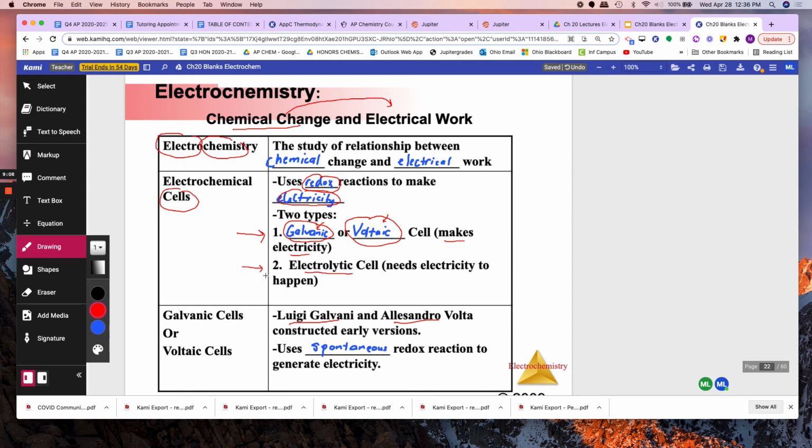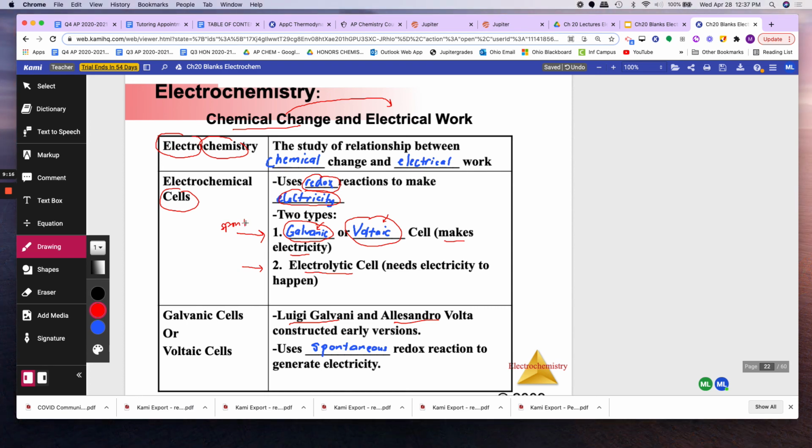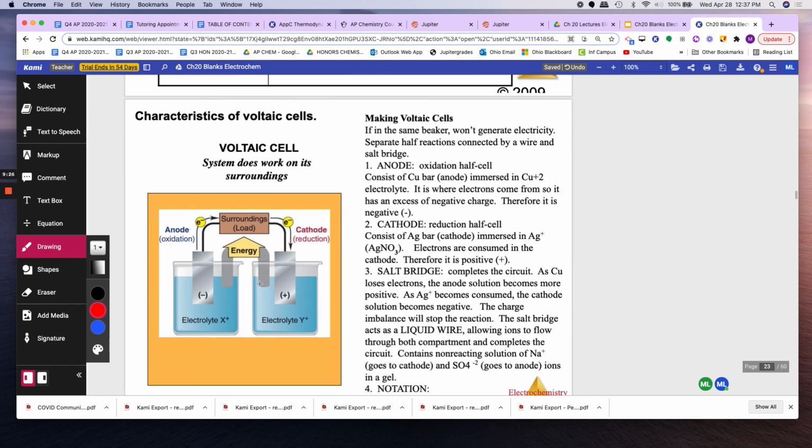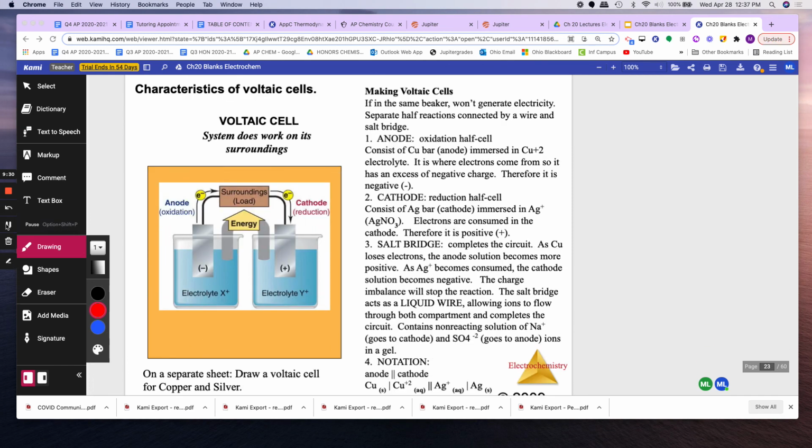You're forcing a redox reaction to happen that is not spontaneous. Okay, while this is spontaneous, because electrons just want to move, this is not spontaneous. Therefore, you have to force it. Okay, so this is a voltaic cell.